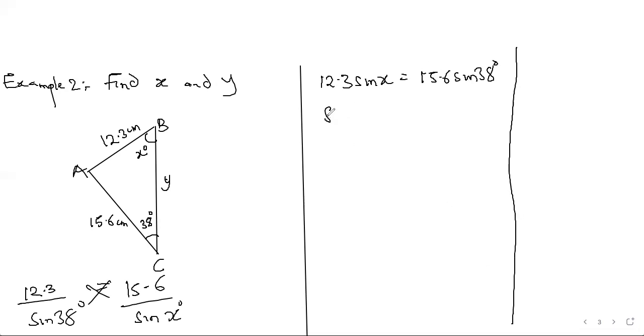So sine x will be 15.6 times sine 38. Sine 38 is 0.61566. So we multiply that by 15.6, then divide by 12.3.